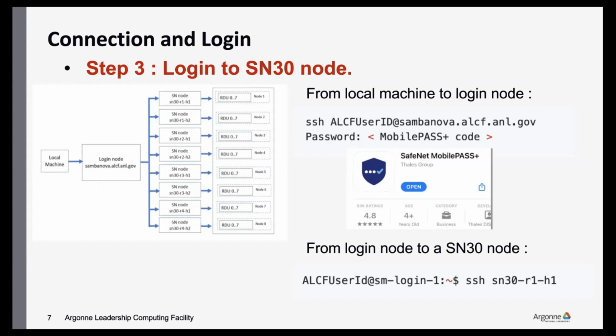Once you are on the login node, which is usually SM login node 1 or 2, you can log in next to the specific SM node, which is one of the 8 different nodes we have already seen, with the different rack and host numbers.